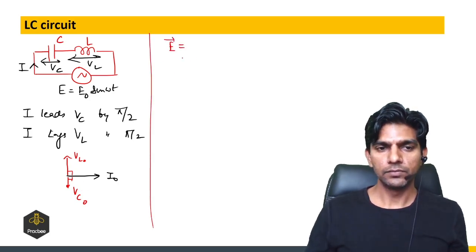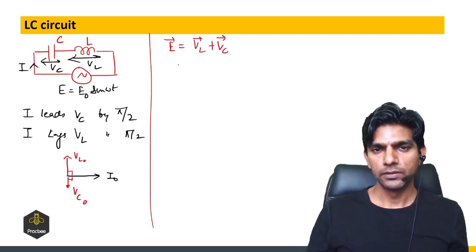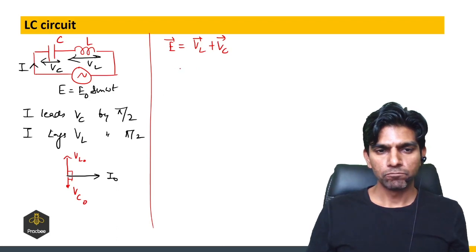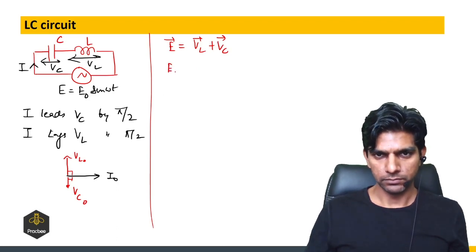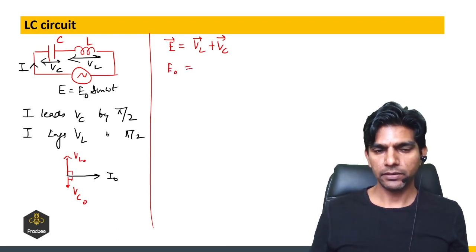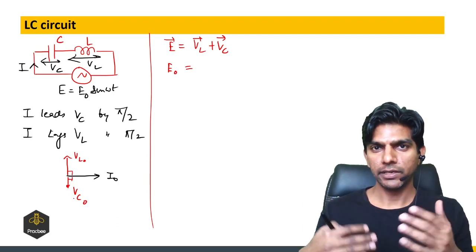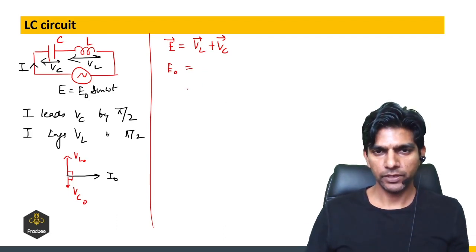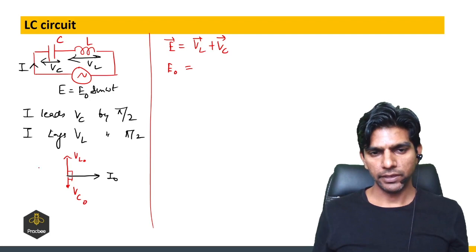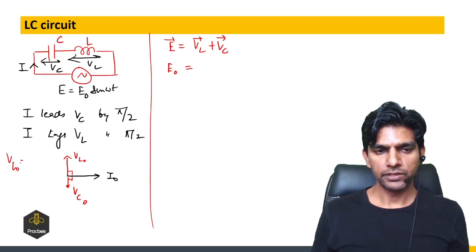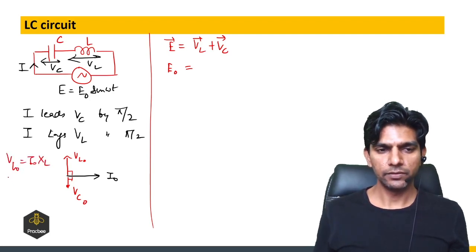So we can say E vector will be the resultant of VL vector plus VC vector. So we can say E naught will be the vector addition of VL naught and VC naught, but they are in opposite directions. So VL naught is I naught times XL, and VC naught is I naught times XC.